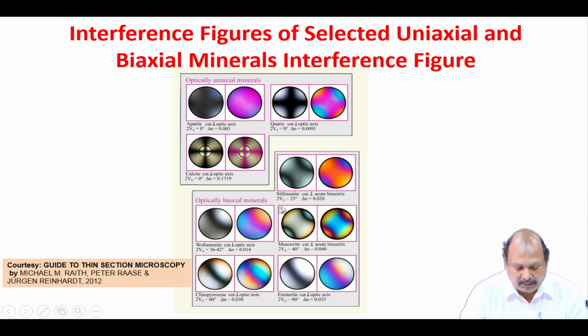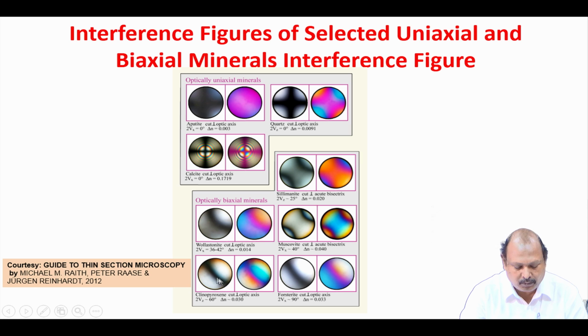Now, in this case, in kyanite, the 2V is moderate, between 36 and 42 degrees. So, here you have an intermediate curvature. And in the case of clinopyroxene, the 2V has increased to 60 degrees, and immediately you see the curvature has decreased.